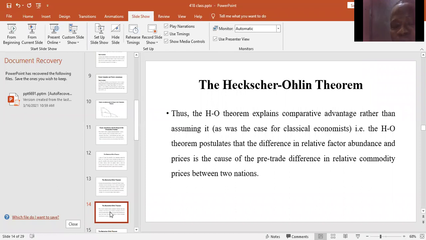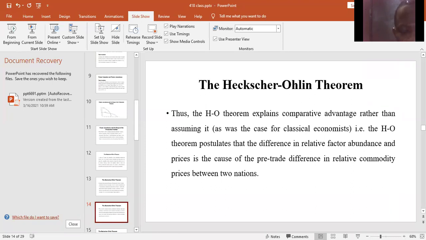If a country does not abundantly have the particular factor that the production of that commodity requires, there's no way you will have a comparative advantage in the production of that commodity. That means this theory is not only telling us what comparative advantage is all about, it's actually explaining it. You are going to have a comparative advantage in the production of any commodity as long as you are blessed with the factor that is required to produce that commodity.